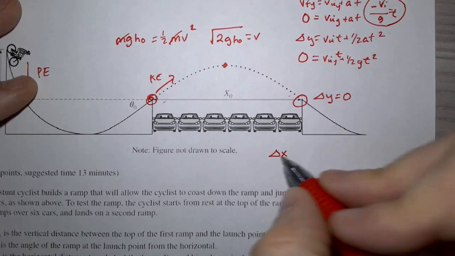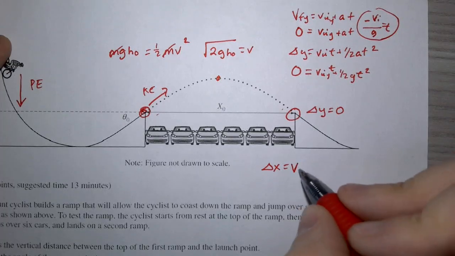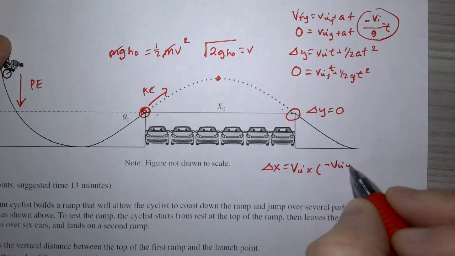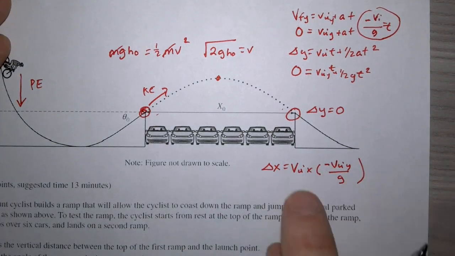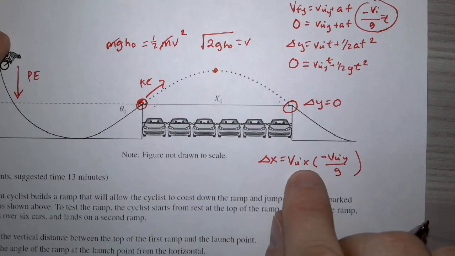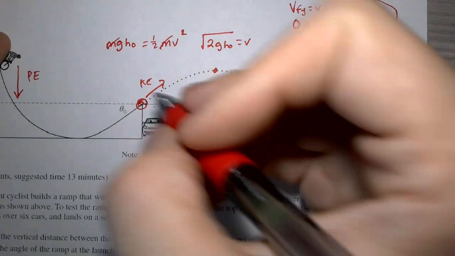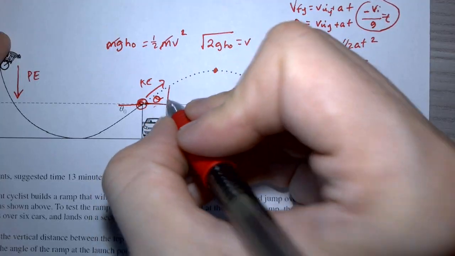And our delta x would be dependent on that time. Our delta x would equal its speed, vi for x, times that time, which would be negative v initial for y divided by g. Okay, so the issue that we have here is we have to find v initial for x and we have to find v initial for y, which are different, but we have this angle right here, which would also be that angle right there of the triangle.